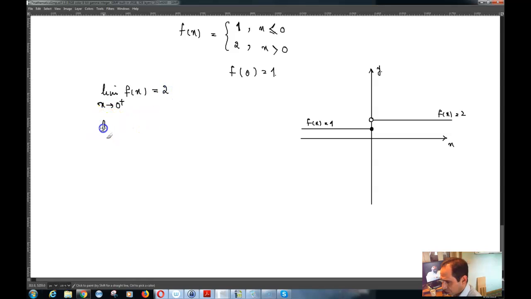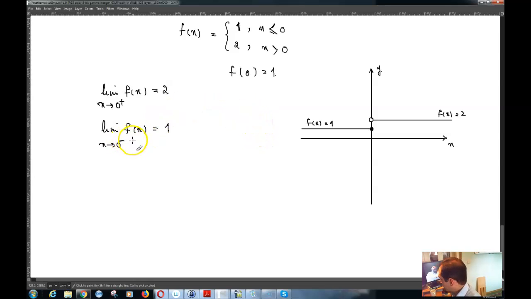And if you take the limit of f of x when x tends to 0 from the left, it is going to be 1, because you have to go along this line dictated by this clause over here. The other one is dictated by this clause.